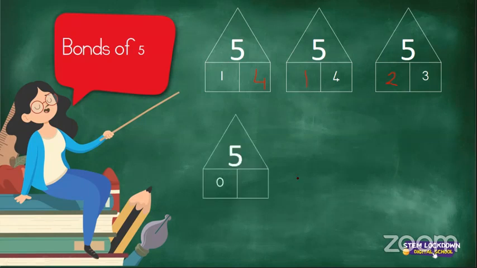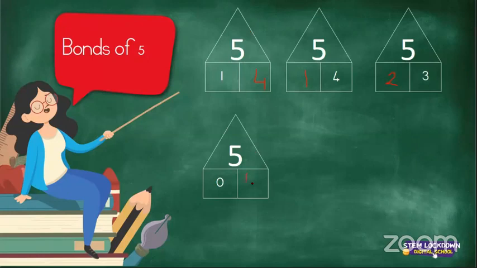Oh dear. What do we have on the left? We've got a 0. And we've got an empty window. And we've got the big 5 in the roof. What number are we going to put in the right-hand side window? Kobe? 5.